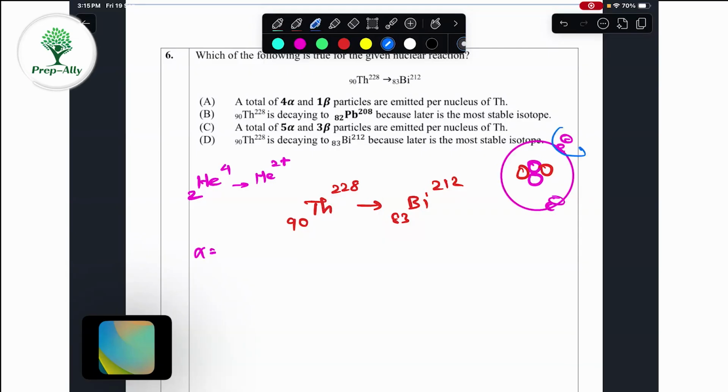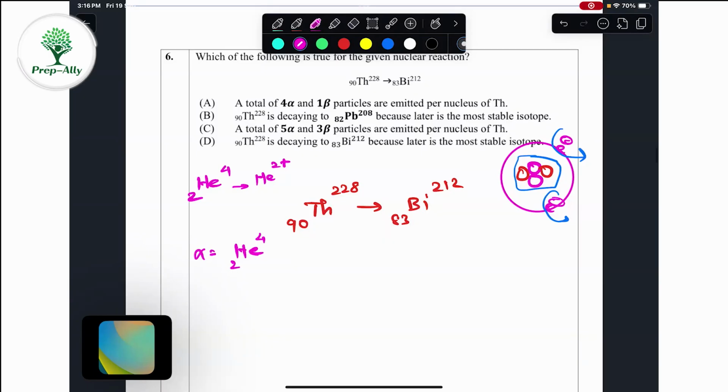Now you are removing these 2 electrons so that you get the nucleus of a helium atom. That nucleus of a helium atom is called an alpha particle. So for the alpha particle I can write, it has 2 protons and 2 neutrons so the mass number will become 4. They are saying a total of 4 alpha particles are emitted. Let's see. So I can write this reaction as again 212 plus 83.